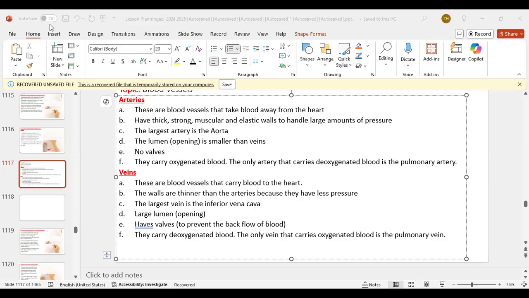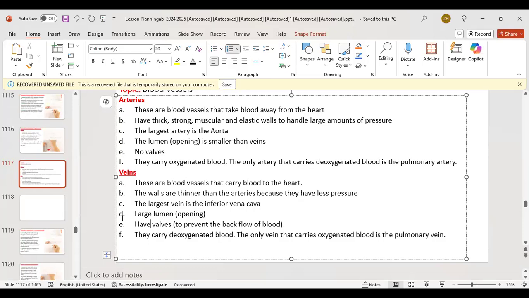The purpose of valves is to prevent the backflow of blood. True. Very good. True or false?